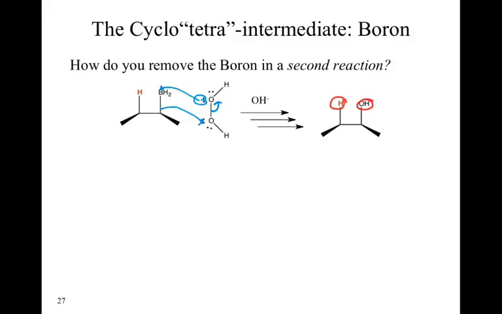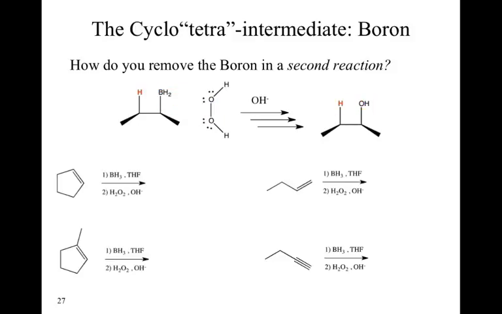Okay? This does require two steps, because we first have to add the boron reagent to the alkene, then we have to remove the boron reagent from the alkene using a peroxide and hydroxide. Okay? So that's kind of how we stack everything together to end up with our final results.